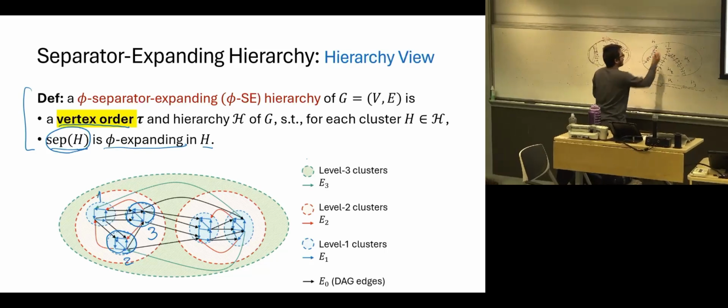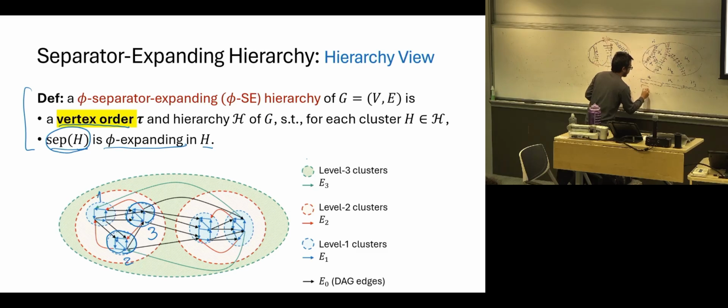This will now separate it into 3 parts, call them H'1, H'2, H'3.